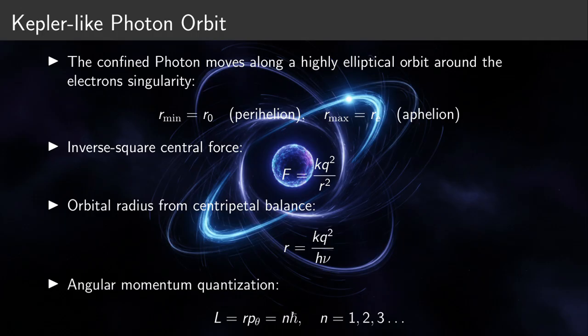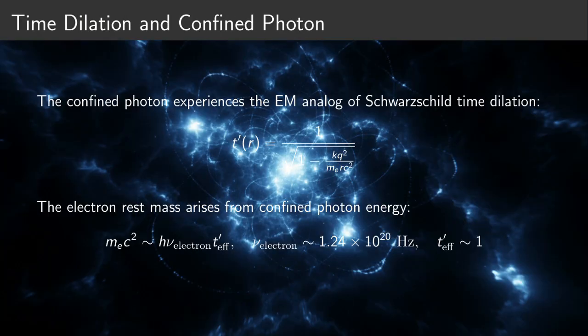The governing force follows an inverse square law. The orbital radius emerges from a balance between this force and photon energy. Angular momentum is quantized in integer multiples of h-bar. This produces stable, discrete orbital states.